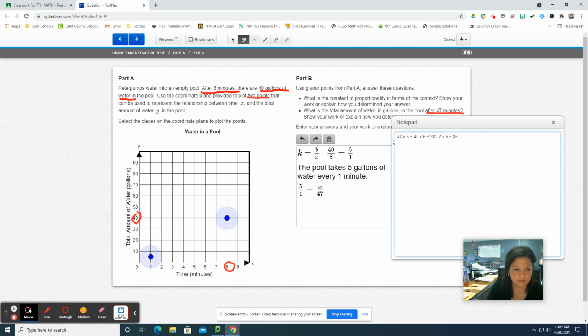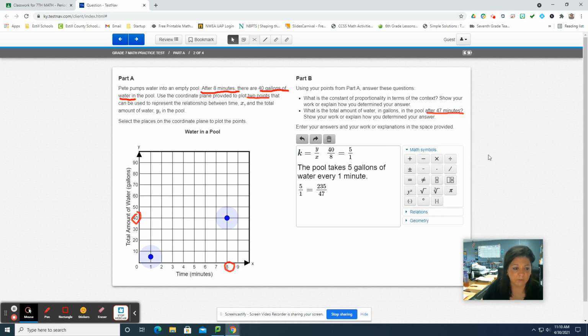So I know that 47 times 5 would be the 200 plus the 35, so that's 235. And you guys can write it out and multiply it like you normally do. You can do it in your head. You won't have a calculator on this part, so you will have to multiply it some way. So you have 235 gallons of water every 47 minutes.